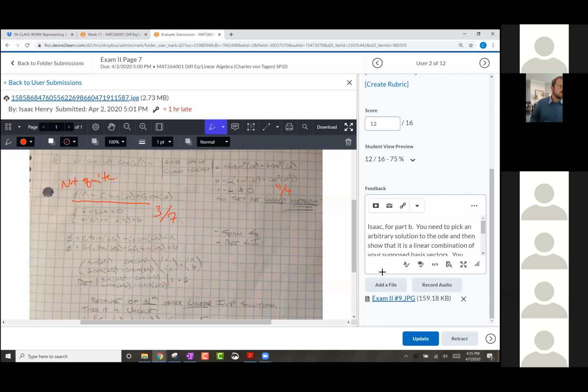So your goal is, you've got an ODE, and your goal is to pick an arbitrary solution to it. Now, it says that arbitrary solution can be written as a linear combination of sines and cosines. Yes. So your goal is to show that it can be, but you don't know that yet.